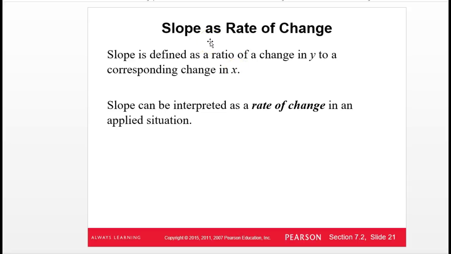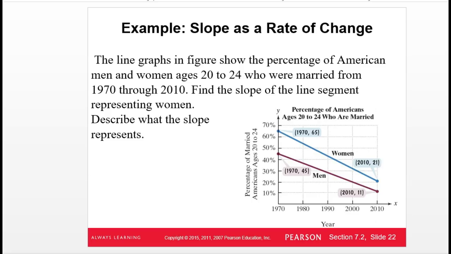It actually means something. So it can be thought of as a rate of change, the way this is changing. And distance over time, the rate of change in that case would be speed, like miles per hour, feet per second. So we can interpret slope as a rate of change when we're doing applications.